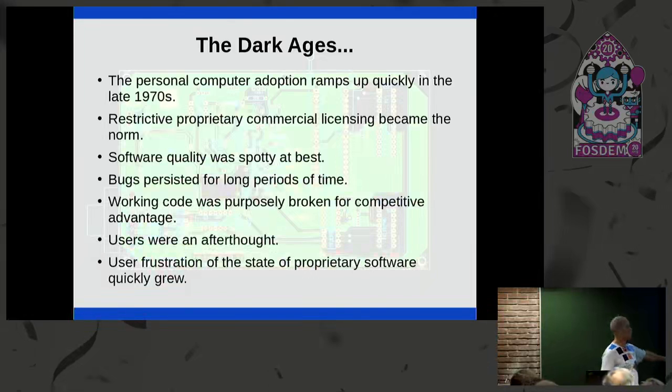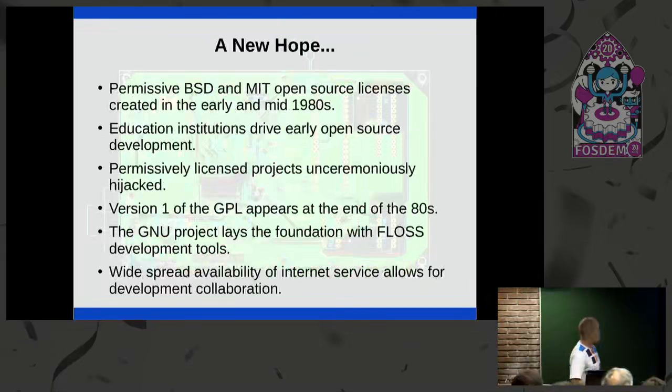So what happened is a large group of professional programmers were getting frustrated with this whole idea of proprietary software. And so in 1980, BSD released what we now know as the first truly open source license. MIT followed not long after that, in the mid 80s.